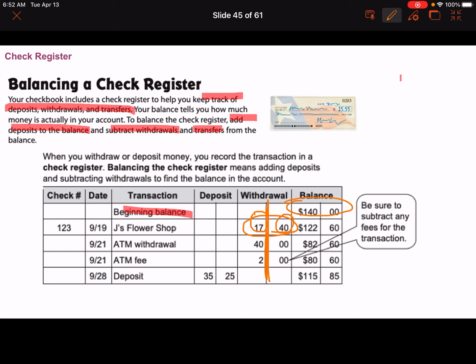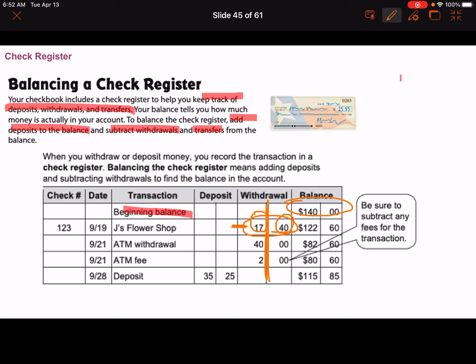Since there's a withdrawal, we know that we are subtracting, and this person must have purchased some flowers. And so the balance after subtracting $17.40 from $140 gives us a remaining balance of $122.60.